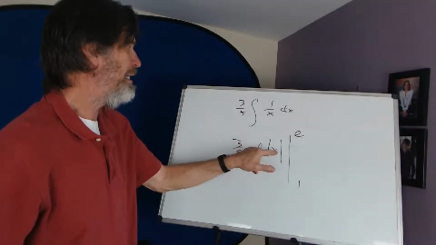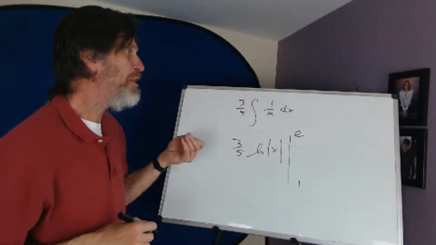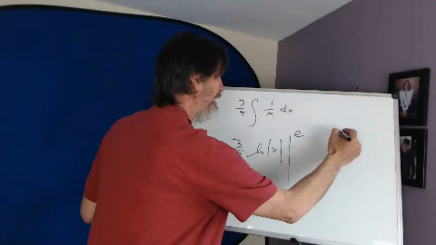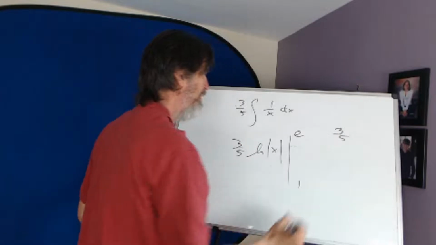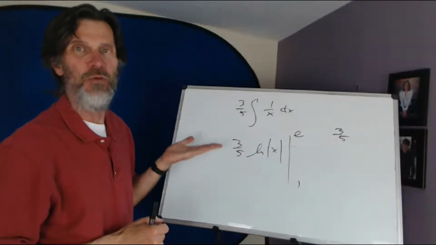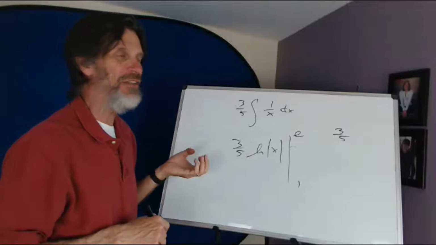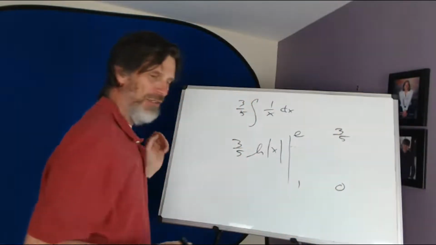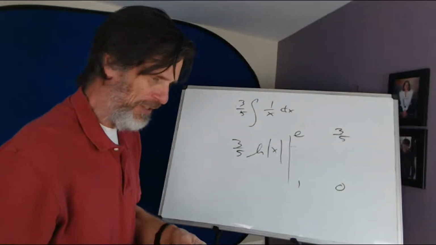Okay, if I plug e in here, the natural log of e asks me e to what power is e, and that's the first power. So if I plug in e here, I get 3/5. If I plug in 1, it's natural log of 1 asks me e to what power is 1, and that's e to the 0th power. So that's 0. 3/5 minus 0 is 3/5.